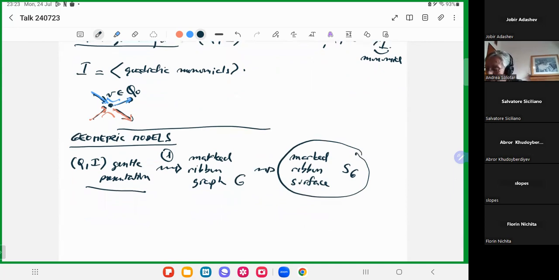Let me first say what a marked ribbon graph G is. So a marked ribbon graph is a finite, I am not asking the algebra to be finite dimensional, okay?